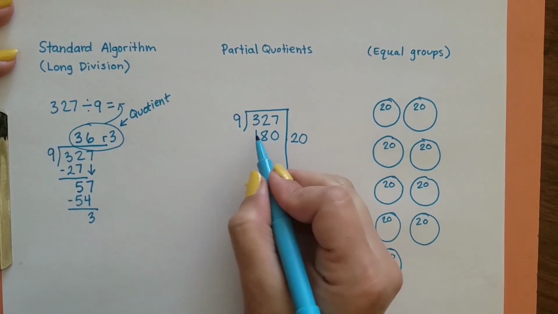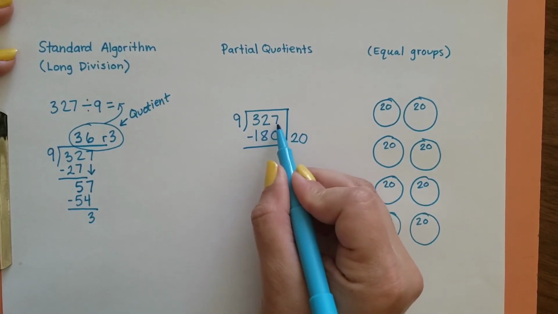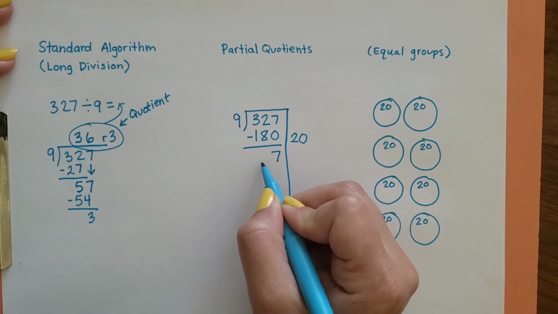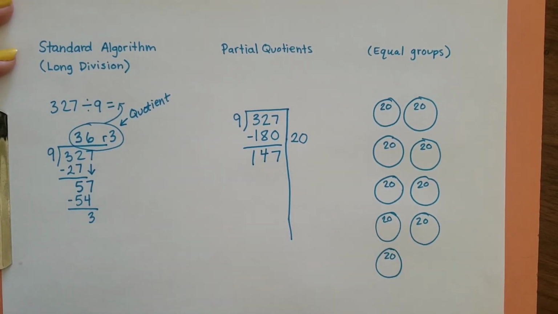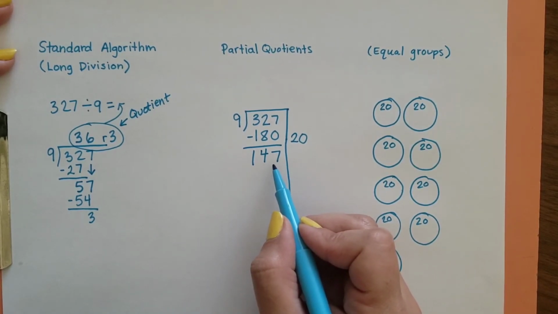We know there's still some left over, so let's see how much we have left over. If we subtract 327 minus 180, we'll get, what is that? 147 left, okay?